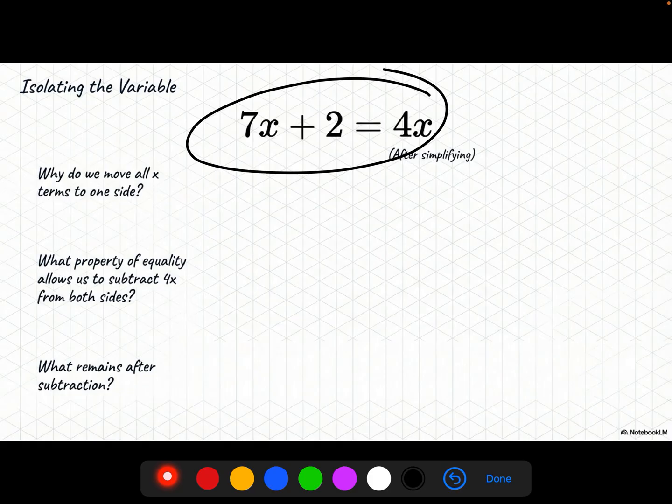Now we want x by itself. So why do we move all x terms to one side? Because we want one clean x group. From 7x plus 2 equals 4x, as shown after simplifying on the slide, we subtract 4x from both sides.